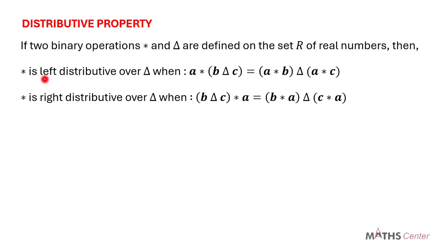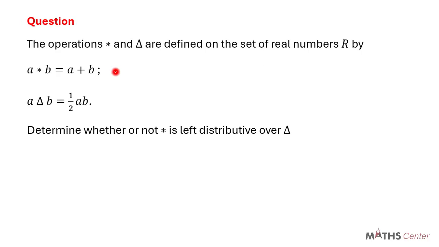So when star is left distributive over delta, A star (B delta C) is equal to (A star B) delta (A star C). But when star is right distributive over delta, then (B delta C) star A is equal to (B star A) delta (C star A). Let's apply this to solve some questions.